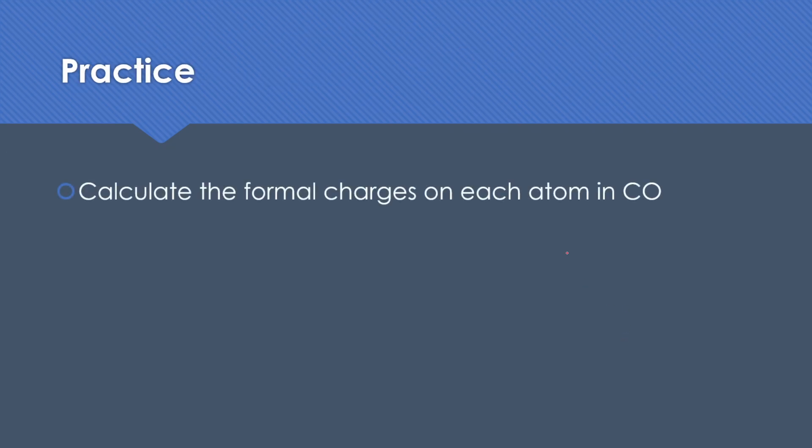So calculate the formal charge on each atom in CO. So we do C. Okay. So 1, 2, and then we have to. So this is where this gets tricky. So if we move that in, right, and we pair these two together, then you get carbon, triple bond, oxygen, 1, 2.